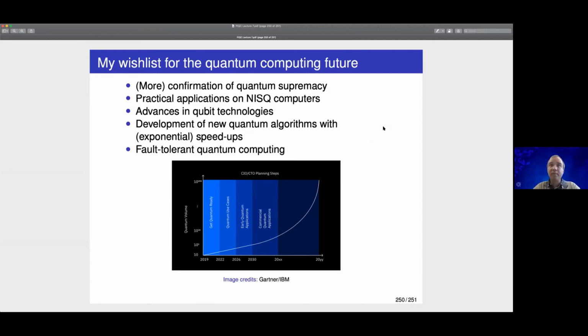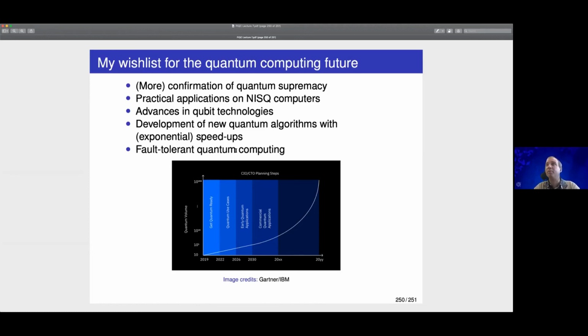Of course, it would be very interesting to develop practical applications of these niche quantum computers that we have now, maybe with quantum machine learning, maybe with chemistry simulations, maybe with applications in high energy physics. Of course, we also expect to have advances in qubit technologies, increasing the coherence times, decreasing the errors.